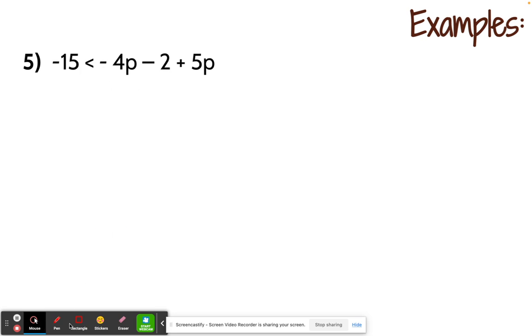Okay, how about this example here? It doesn't look like a one-step equation, does it? I don't think it is. But we have just some like terms to combine. So draw my lines down. I have negative 4 plus 5p. That's just 1p, or p, minus 2. We have negative 15 over here. Again, I want to get rid of that minus 2 by adding 2 to both sides.